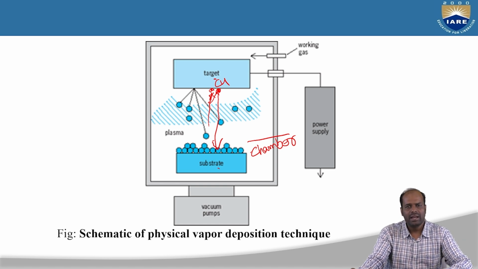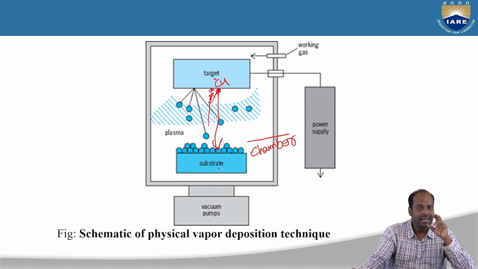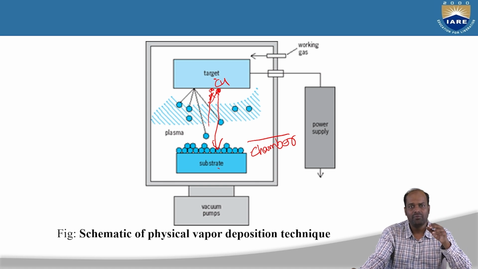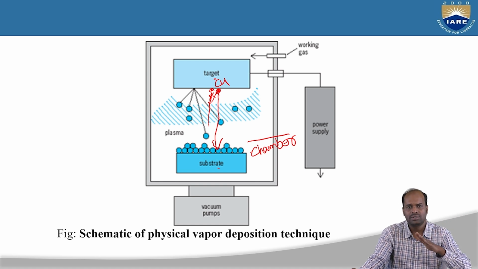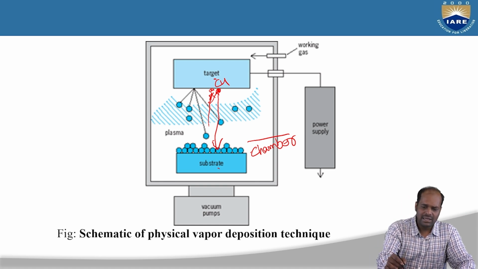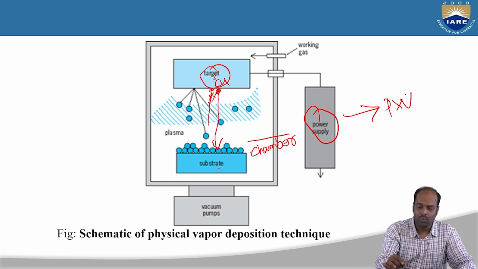For metal oxides, one kind of potential range will be there. So what kind of voltage and current, that power required, we supply for each, whether it is a metal or a metal oxide. Based on that, the potential changes. So how much power is required to remove the atoms from the target and make the atoms travel to the substrate.